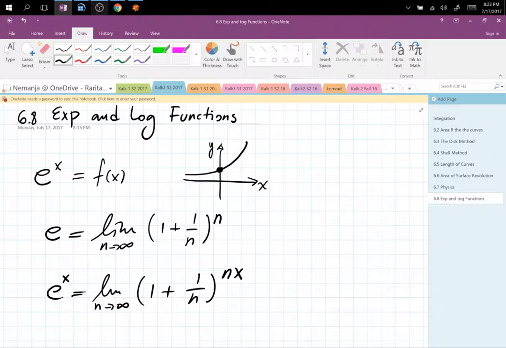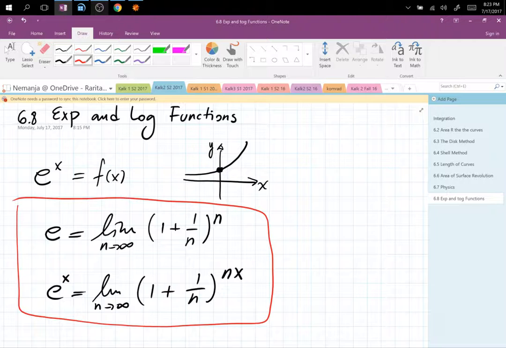And this gives you e to the x. So I'm going to box these two because one is the limit definition of the number e and the other one is the limit definition of the exponential function with natural base e.